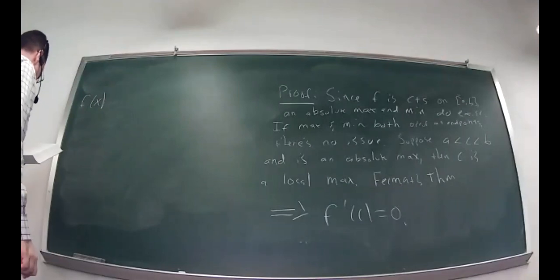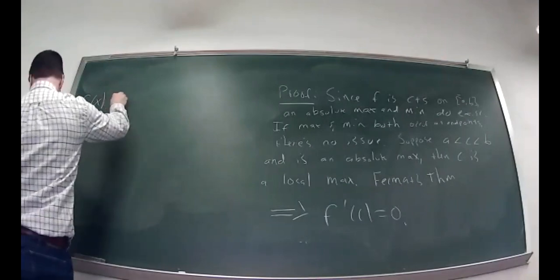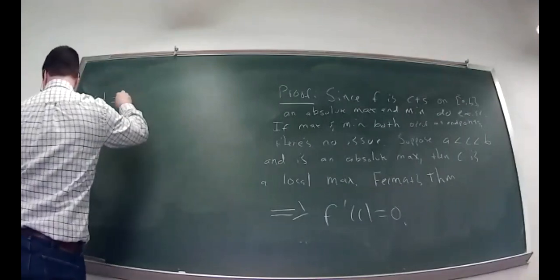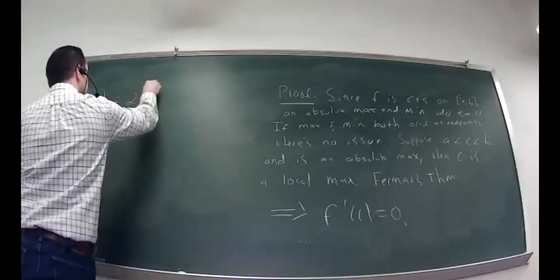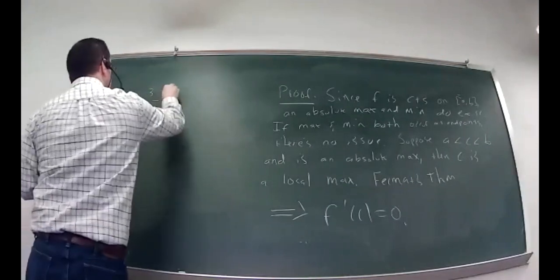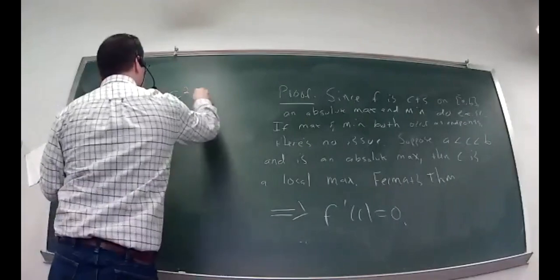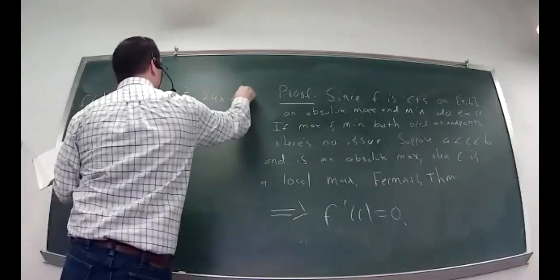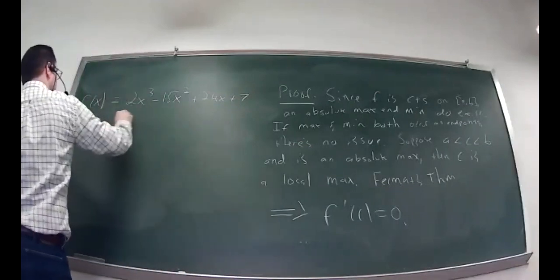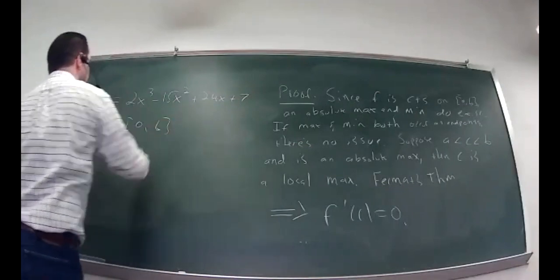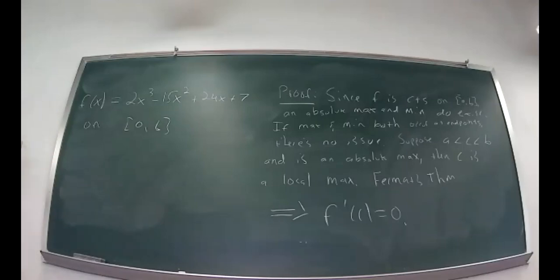Find the absolute max and minimum of f of x equals 2x cubed minus 15x squared plus 24x plus 7 on the interval from 0 to 6.